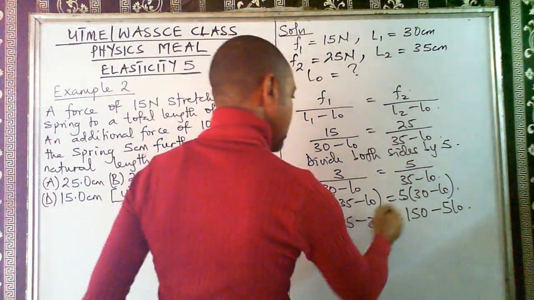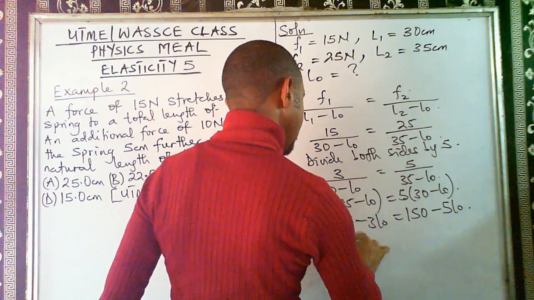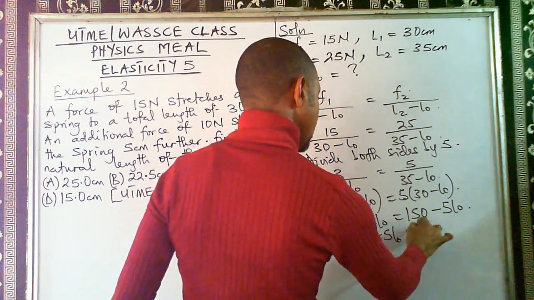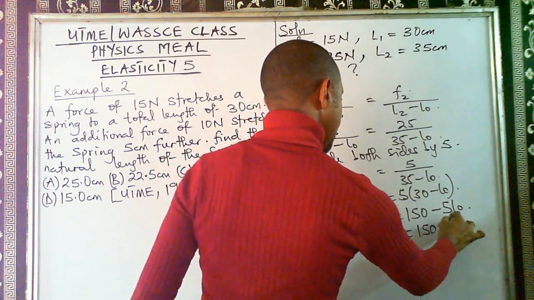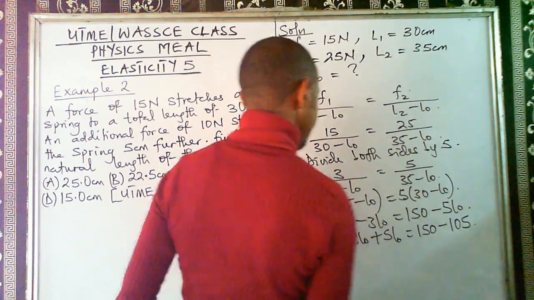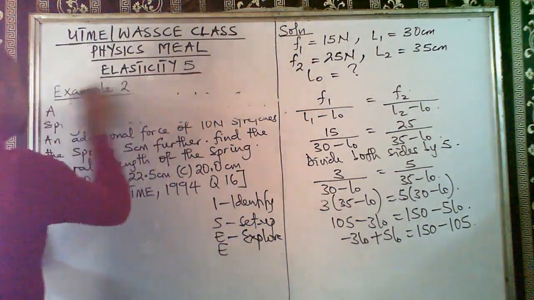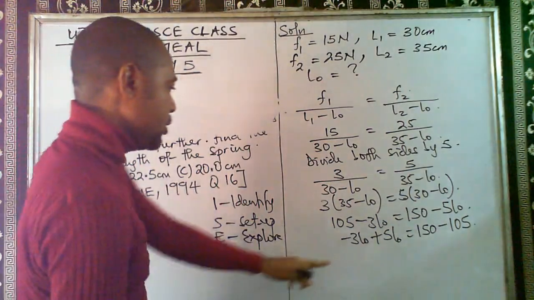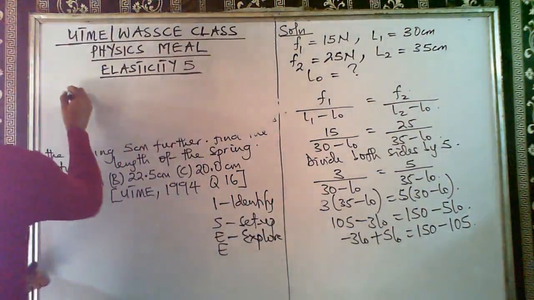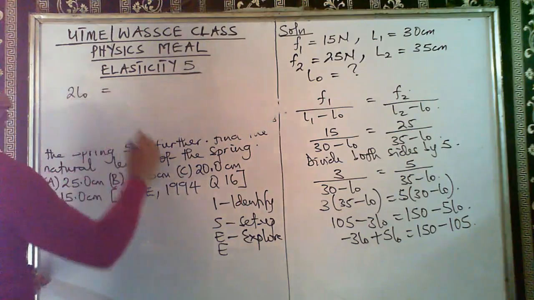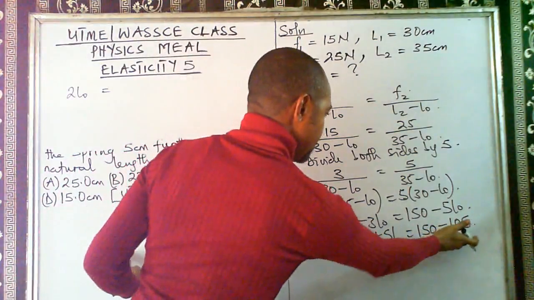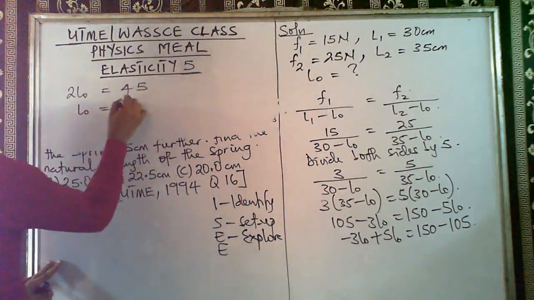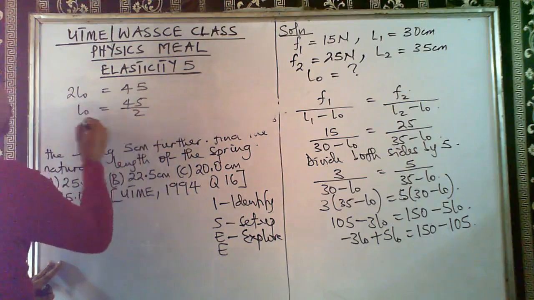Let's gather like terms. So I'm going to have minus 3 L0 plus 5 L0 equals 150 minus 105. That will give us 2 L0, and 150 minus 105 gives 45. Therefore, L0 becomes 45 over 2.